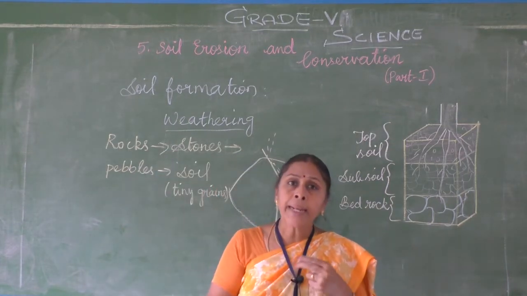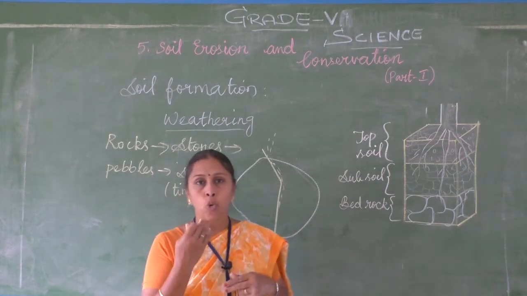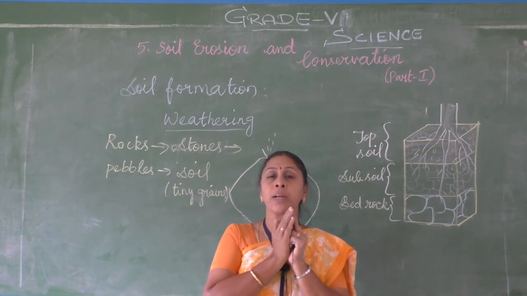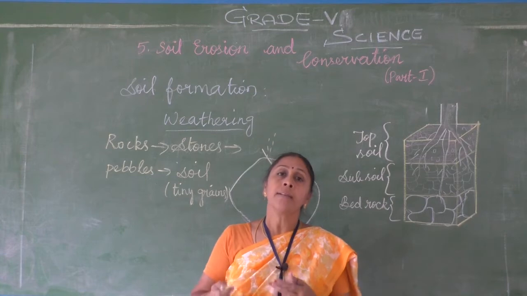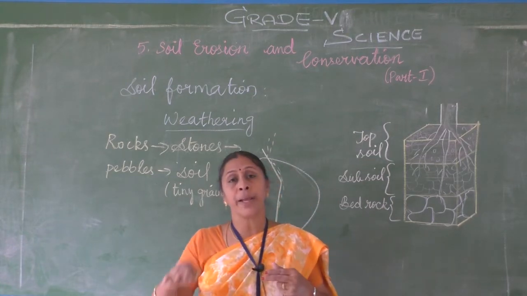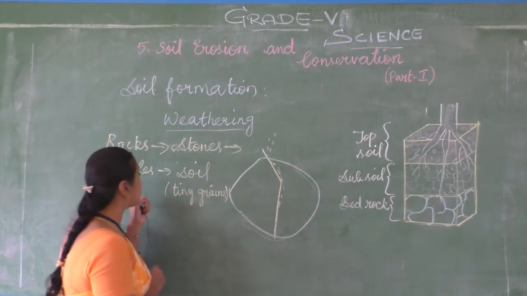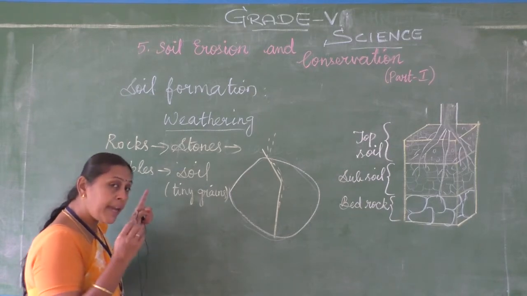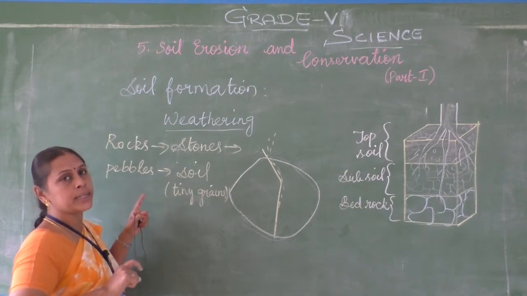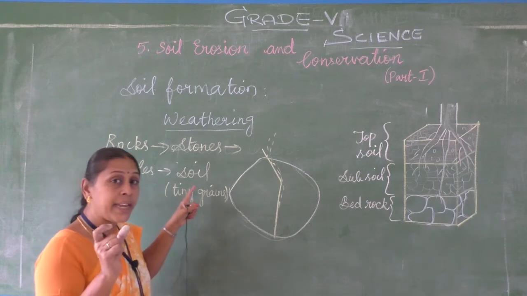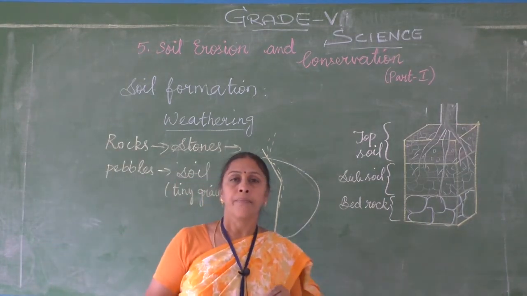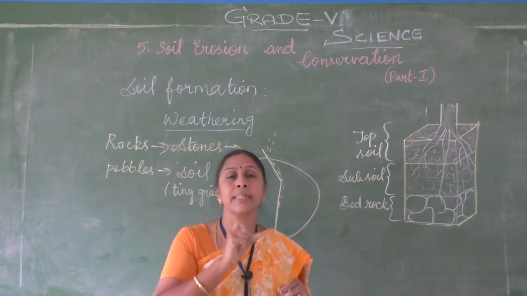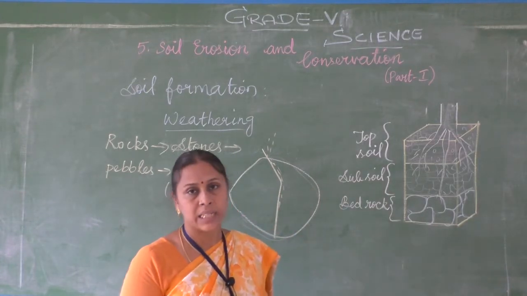So this repeated process of heating and cooling breaks down the big rock into small pieces, and those small pieces again are converted into stones and pebbles, and finally the fine particles, tiny grains of the rocks, are called soil.